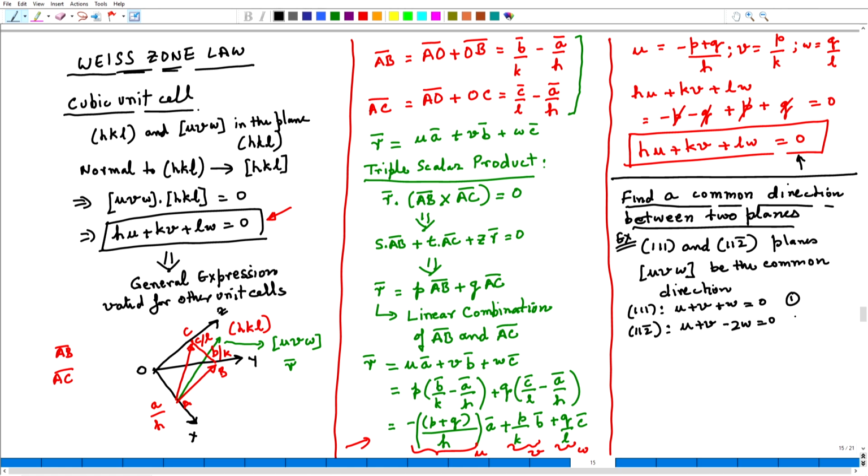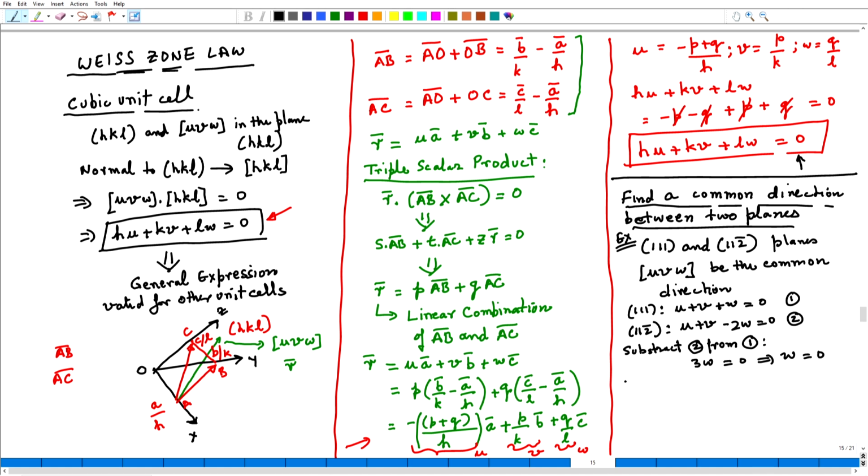So, let us say this is equation 1, this is equation 2. Let us first subtract equation 2 from equation 1, and I will get clearly 3 w equals 0. So, this implies my third index for that common direction is 0.